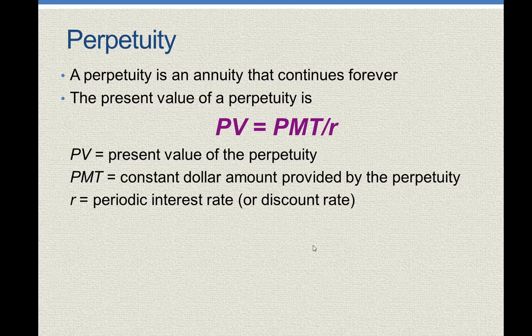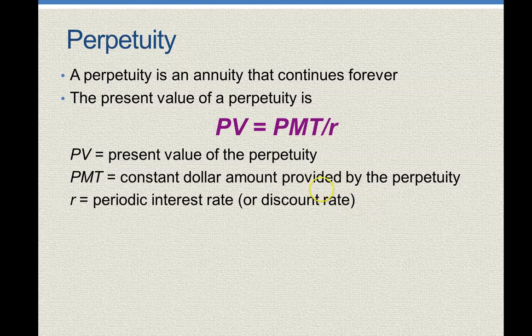Because it occurs in so distant a future, the present value actually is very minimal. So even though the perpetuity lasts forever, the present value of that perpetuity is not an infinite number, because for the very distant constant payments the value is almost zero. So that's why the present value of that perpetuity is not an infinite number.